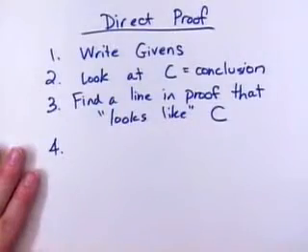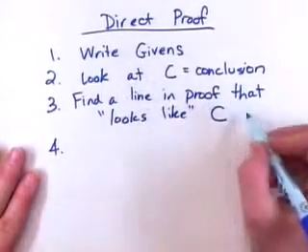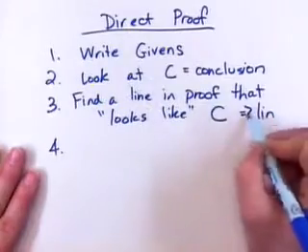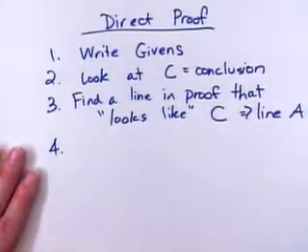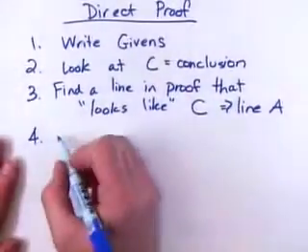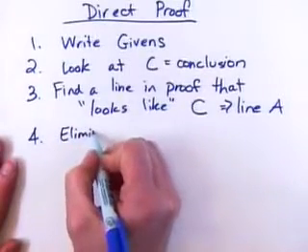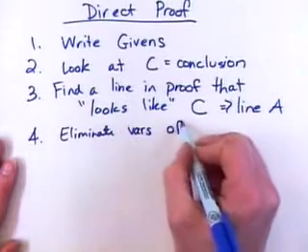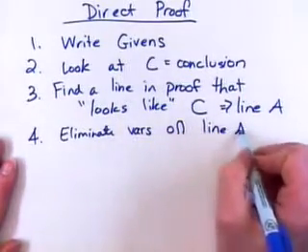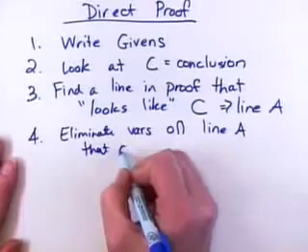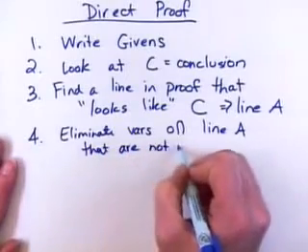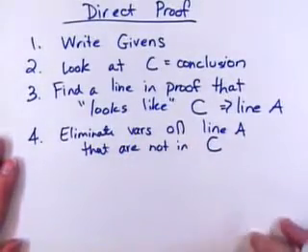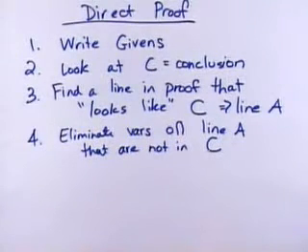Okay? So then what I do is I try to eliminate variables. Let's call this line A. That gives me line A, step 3. And then eliminate variables on line A that are not necessary, so they're not in C. So what are my rules for eliminating variables?